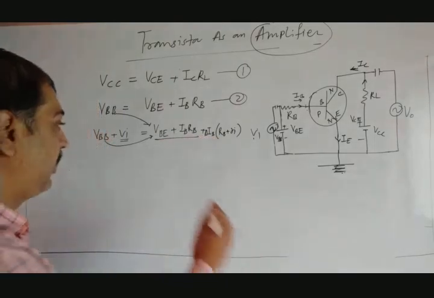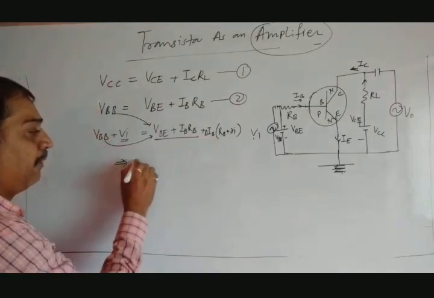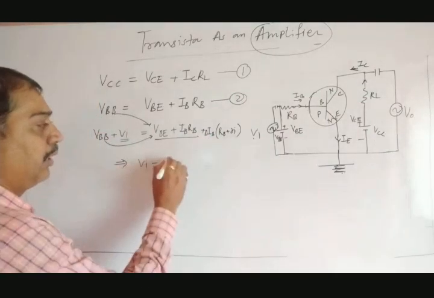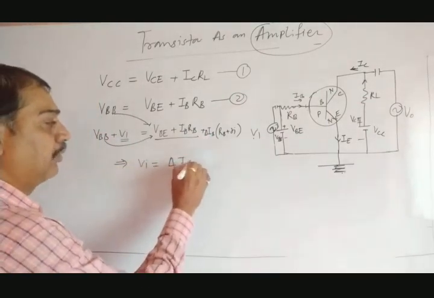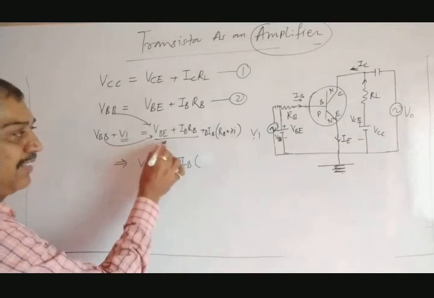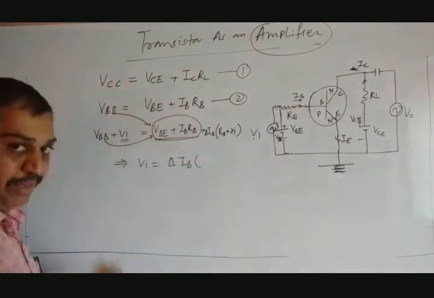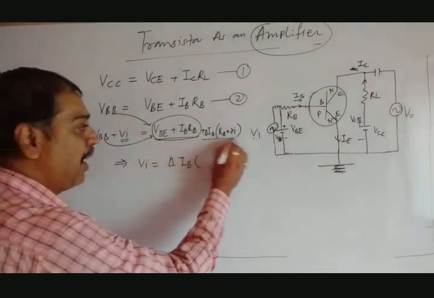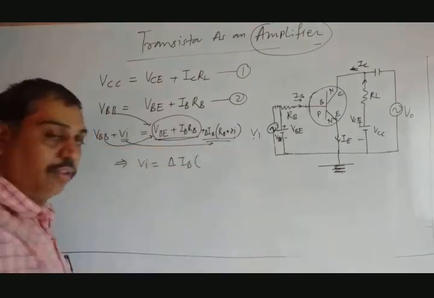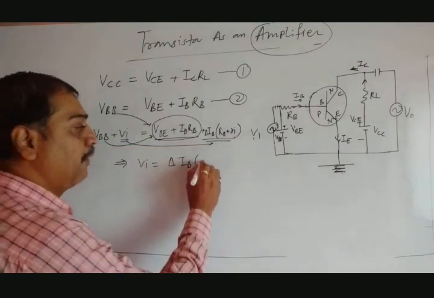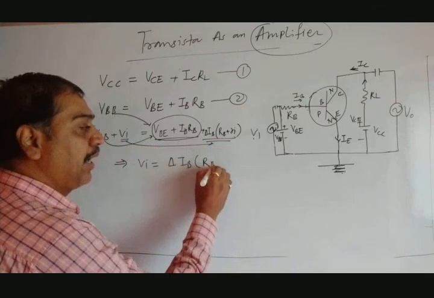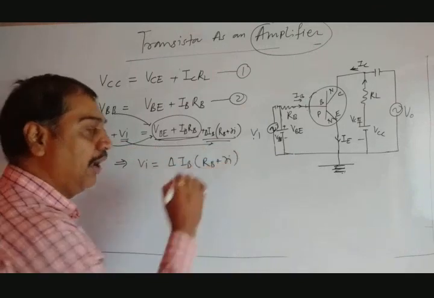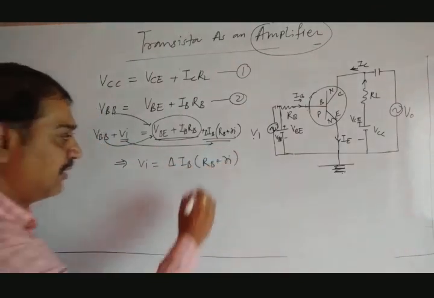From this equation we can say this much part is nothing but VBB, so the remaining part must be Vi. So we can write Vi equal to delta IB in the bracket RB plus Ri. Now in this equation, what is this RB?